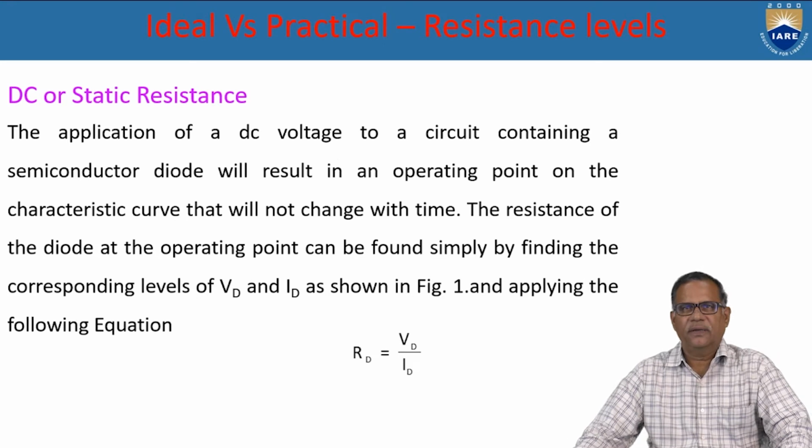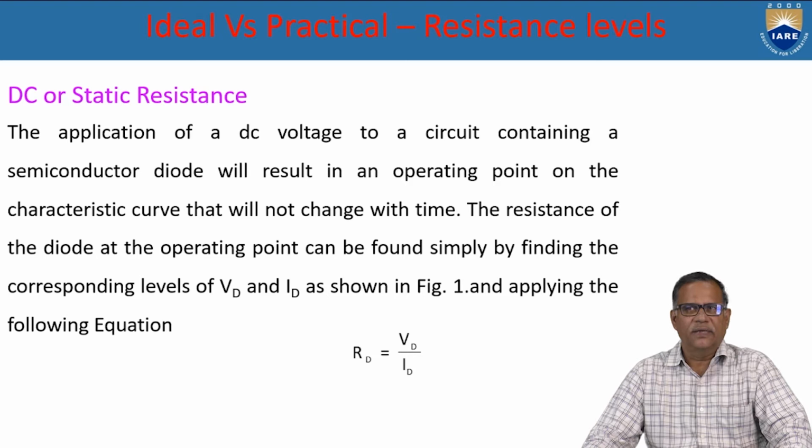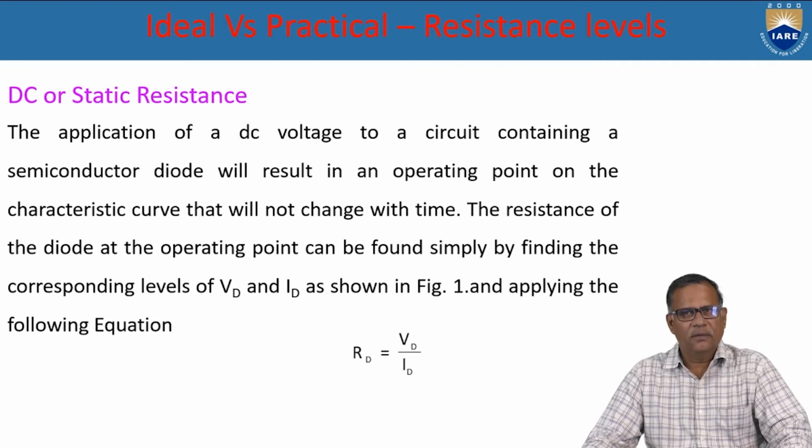Now let us see the different types of resistances in the diode. First is the DC or static resistance. The application of a voltage to a circuit consisting of a diode will result in a current, giving an operating point on the characteristic curve that will not change with time.